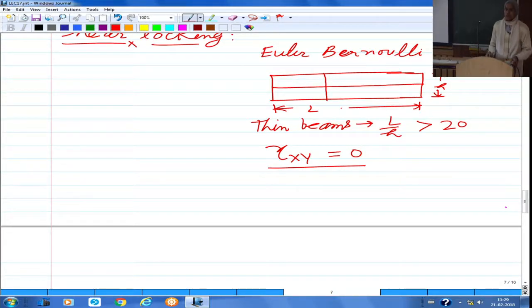But a general question could be, what would happen if I use a Timošenko beam element for thin beams, or if I use an Euler-Bernoulli beam element for thick beams? Let me answer the second one first: the Euler-Bernoulli beam used for solving thick beam problems. What would happen? Suppose we use the Euler-Bernoulli beam finite element for simulating thick beam problems. What could happen?